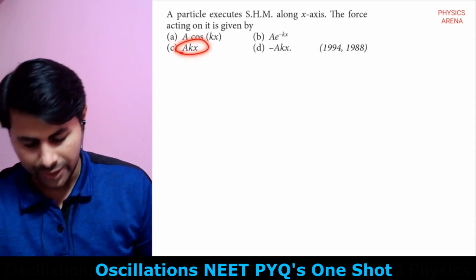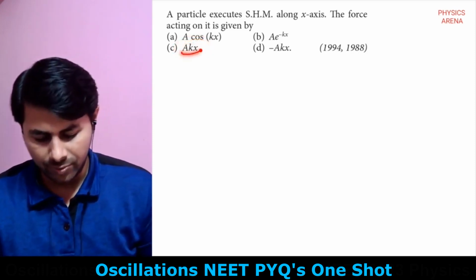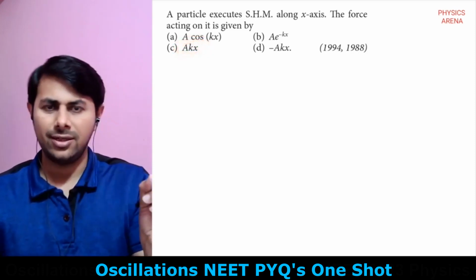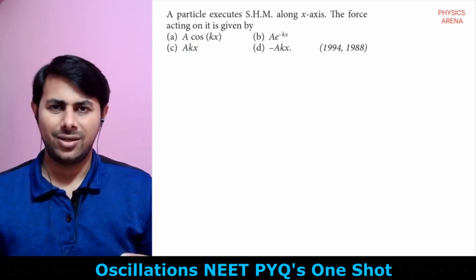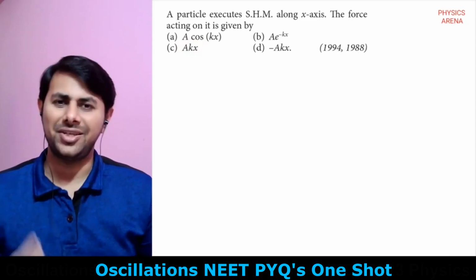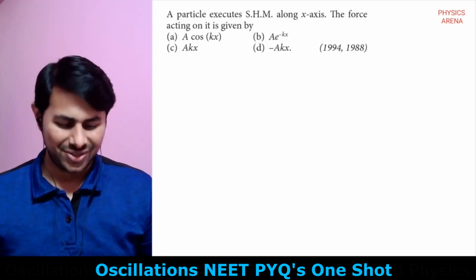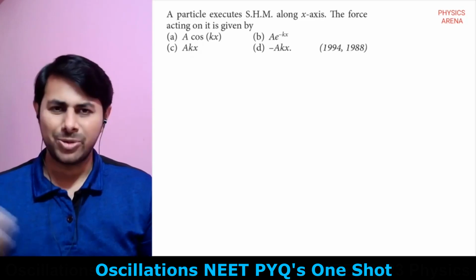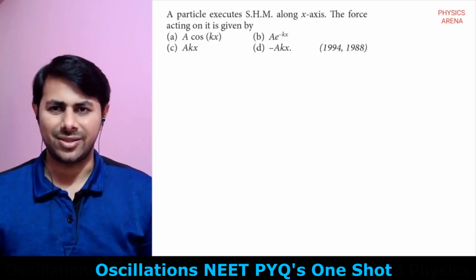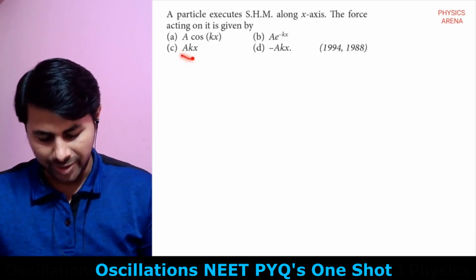Here, force goes on increasing. The restoring force goes on increasing as x increases. That means there will not be any restoring. On the contrary, it pushes that object away from the center. So C cannot be an answer.